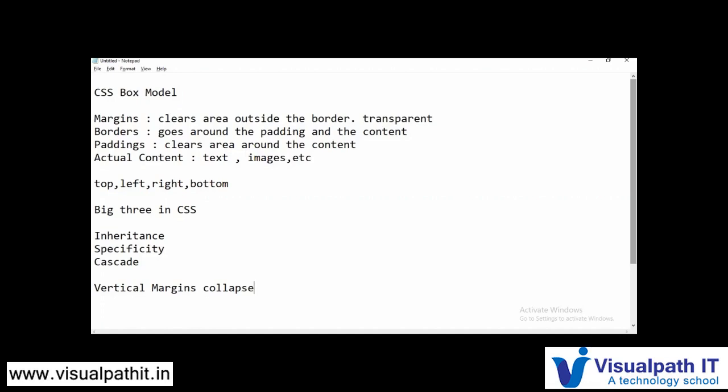Sometimes it happens that there are two elements, and for one element we are giving a margin-bottom style, and for the other a margin-top. So sometimes these both collapse, and that is known as margin collapse, and the collapsed margin will be equal to the largest of the two margins.